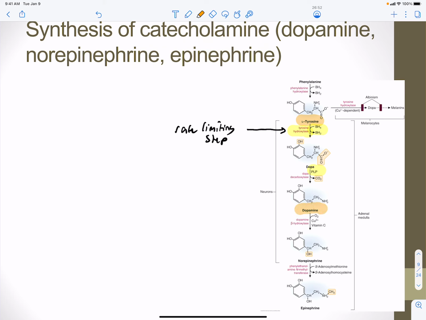And then dopamine beta hydroxylase is going to catalyze the reaction from dopamine to norepinephrine, and this is going to use vitamin C. Vitamin C is going to be an electron donor, and copper is required for the electron transfer.